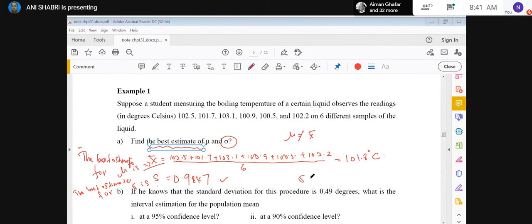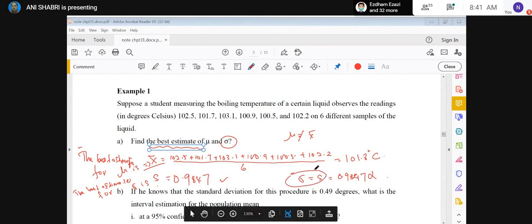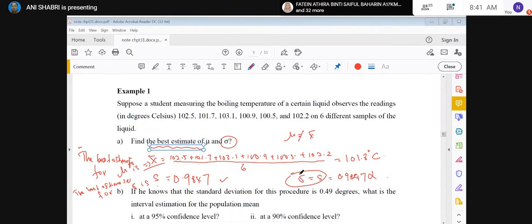You cannot write sigma equal to this. If you write it like this, it is wrong, because sigma is not equal to this. S is just the best estimate, an approximation. Or you can put a hat. If you write a hat, it is okay. A hat means the estimate, not the real value of sigma.